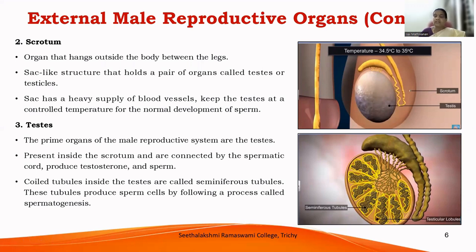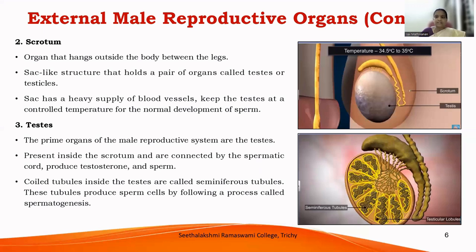The sac has a heavy blood supply, with blood vessels that keep the testes at a controlled temperature for the normal development of sperm. Usually, the temperature is about 2 degrees less than the body temperature, that is 34 to 35 degrees Celsius.